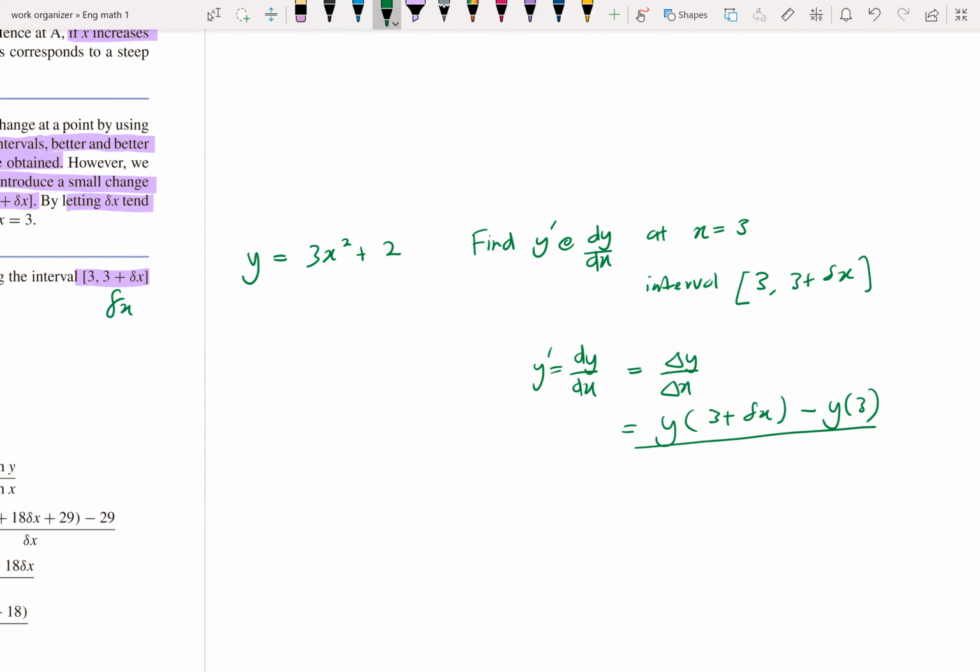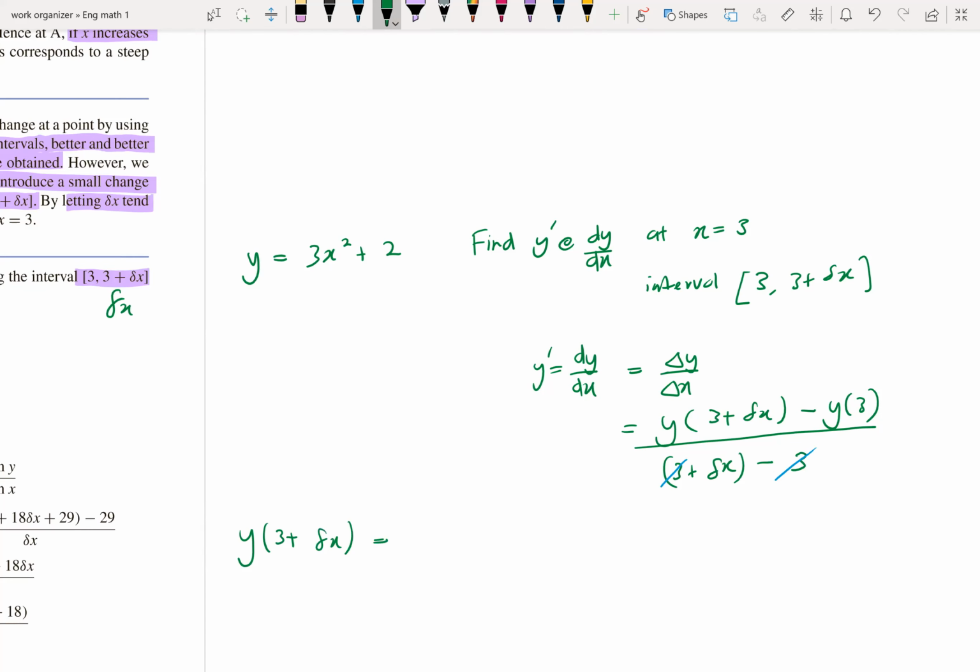Then here, 3 plus delta x, minus 3. Now we can cancel out the 3. Now we have to find out y(3 + delta x).